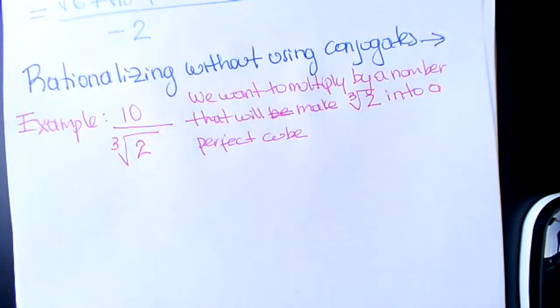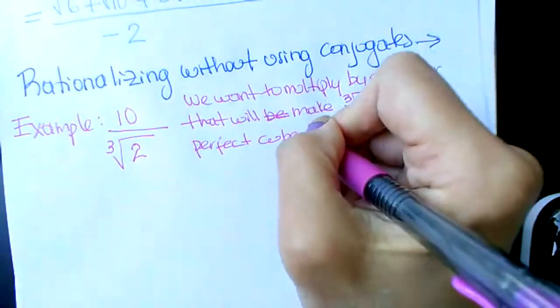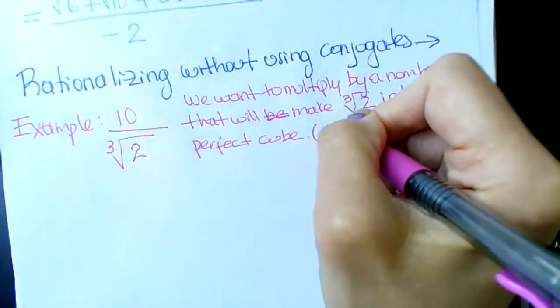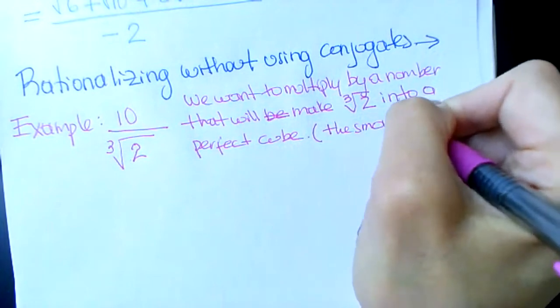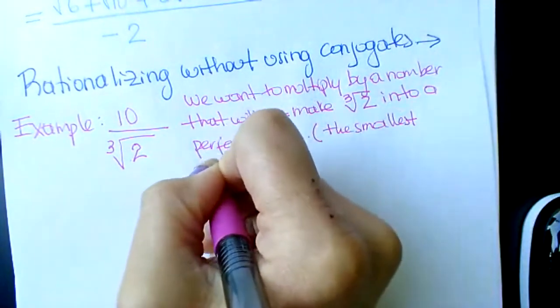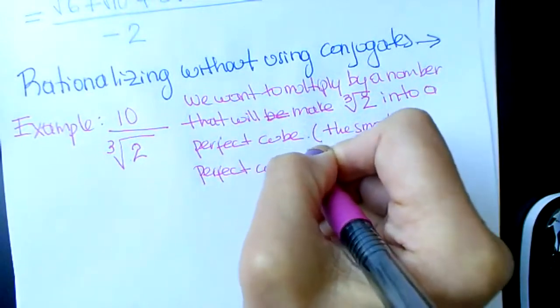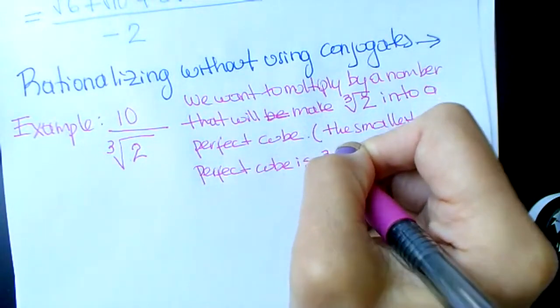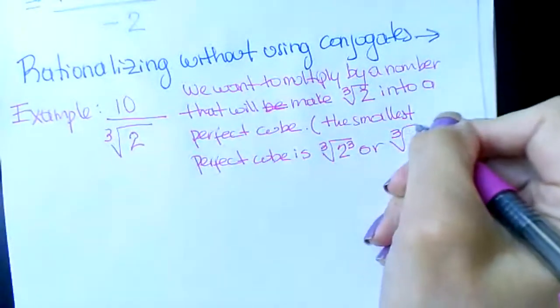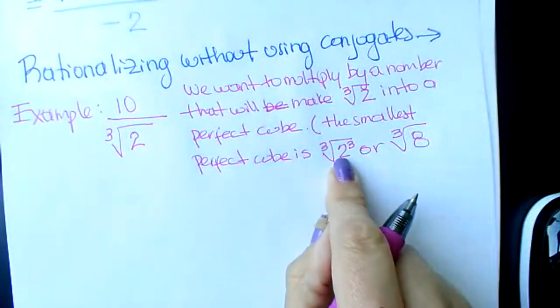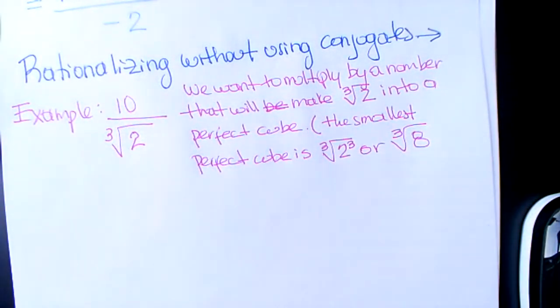The smallest perfect cube, what is it? 2 times 2 is 4, 4 times 2 is 8.